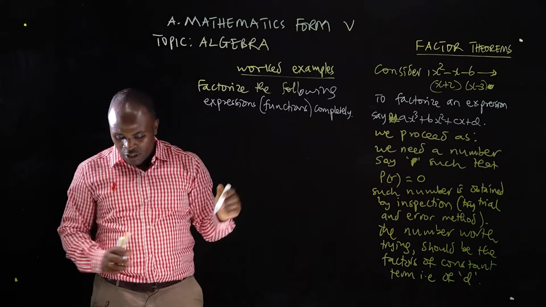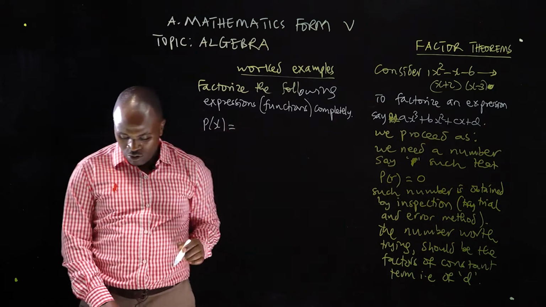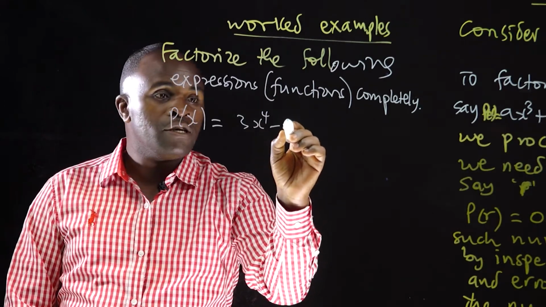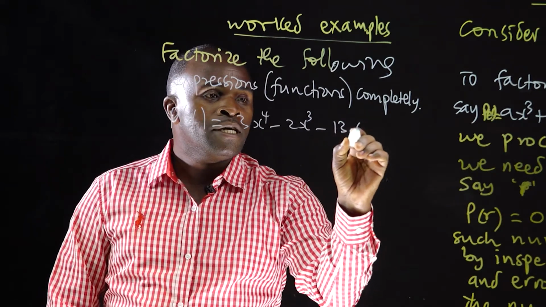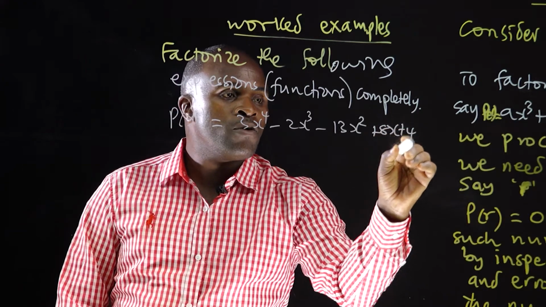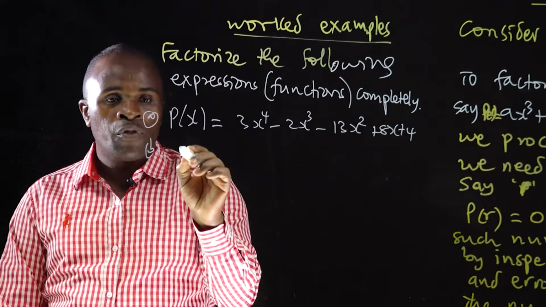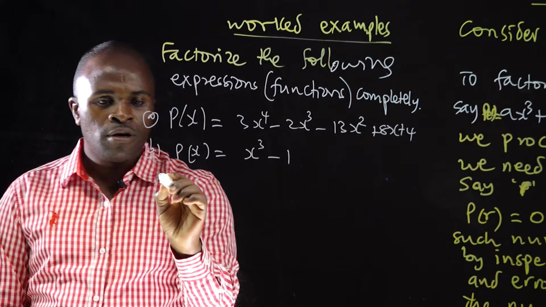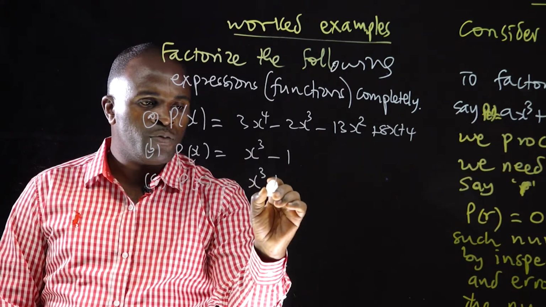Suppose you have these questions here. A: P of x equals 3x power 4 minus 2x power 3 minus 13x square plus 8x plus 4. B: p of x equals x power 3 minus 1. C: p of x equals x cube plus 1.